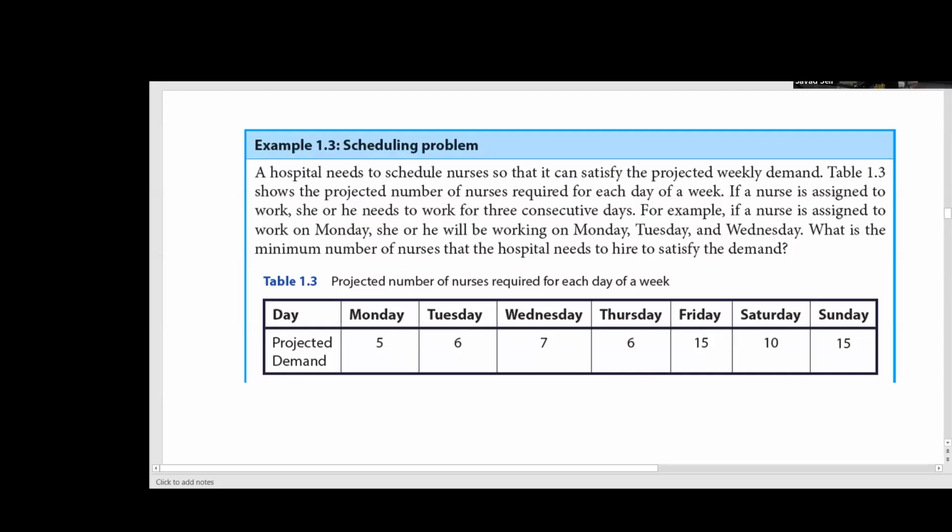Need to establish your decision variables. Yeah, like decision variables will be what? Like X1, what is X1 or X2 or whatever?